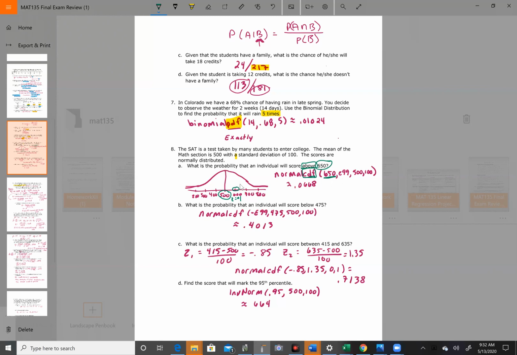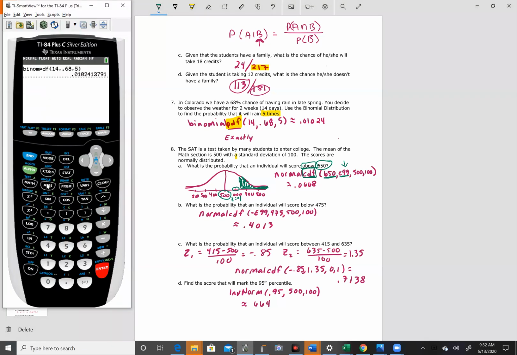So what we're trying to do on this normal curve is find everything above 650. Since it's everything above that, the top part is going to be E99, which is the way the calculator can calculate infinity.